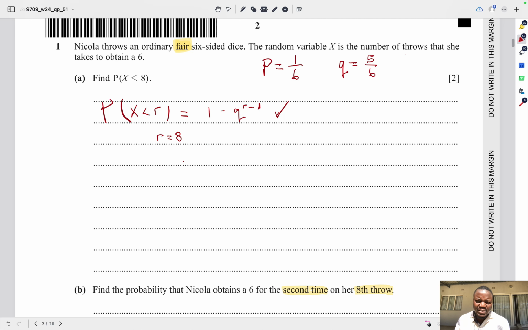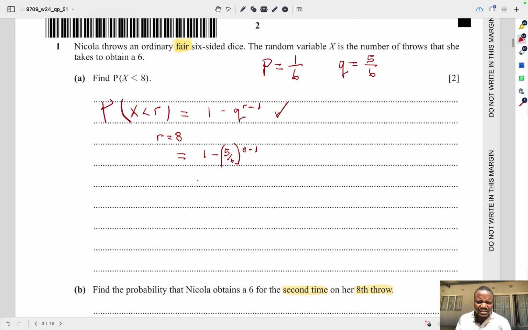So all we just need to do here is apply this formula. So we are going to say this is 1 minus q, where q stands for the probability of failure, 5 over 6, and then this should be raised to 8 minus 1 as the formula depicts.